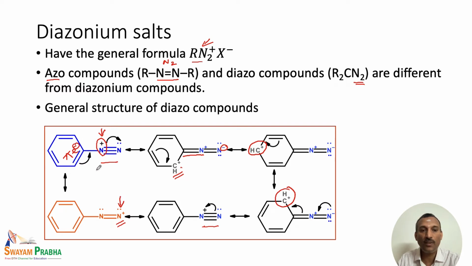That is the reason we say the positive charge may remain on either of the nitrogens depending on the resonance structure. Due to these resonance structures, diazonium salts are comparatively more stable than alkyl diazonium salts. In the case of alkyl diazonium salts, there is no resonance stabilization as we can see in the case of the aromatic system.